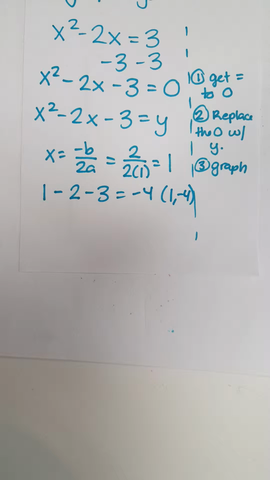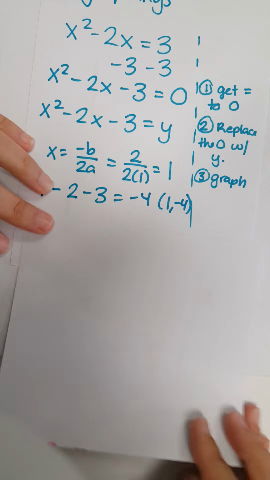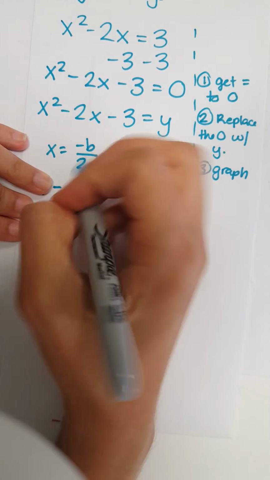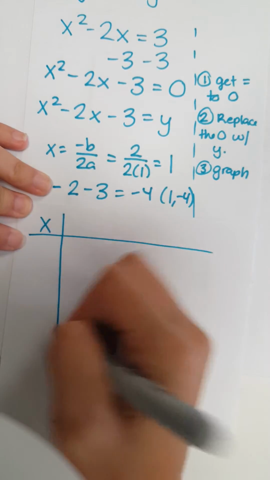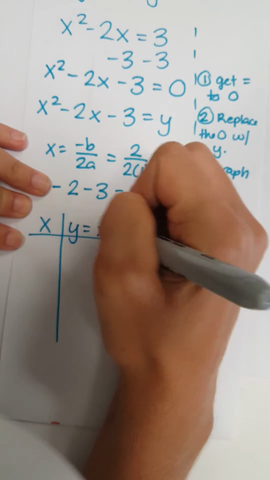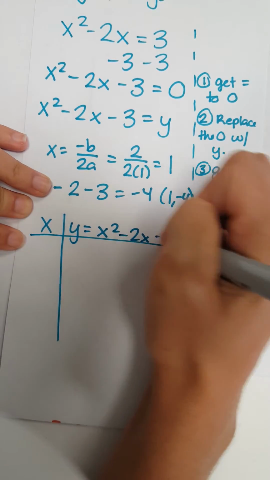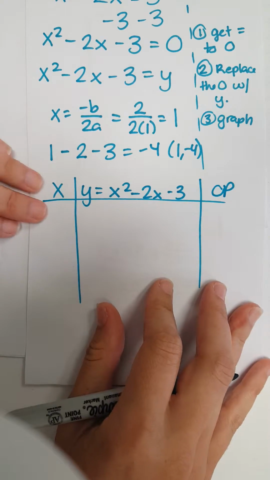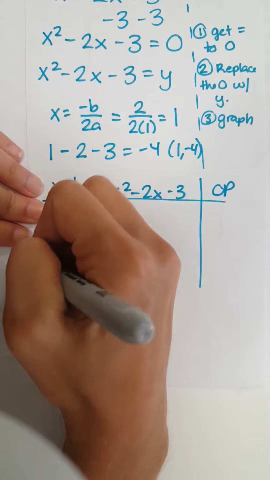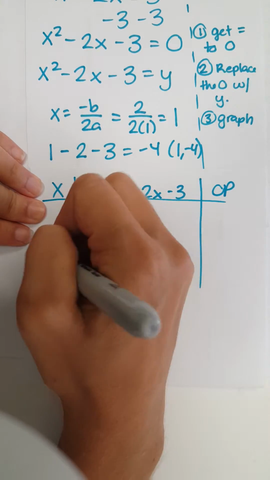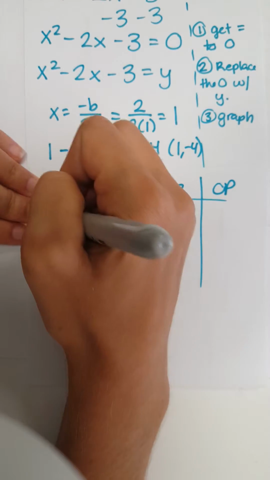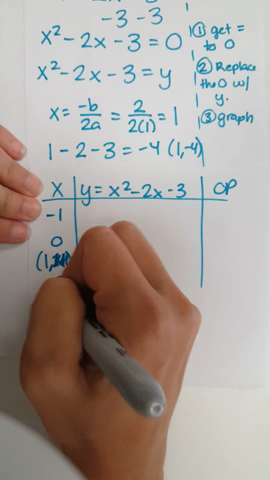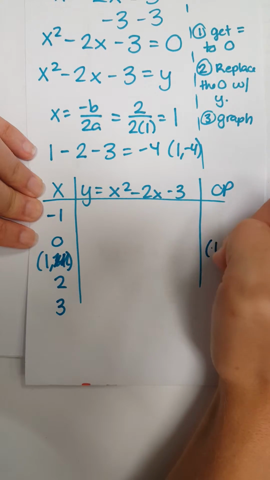Okay, so now we make our chart. We have x, y equals x squared minus 2x minus 3, and my ordered pairs. In the middle I have 1, negative 4. Then 0, 1, 2, 3 on the x side.